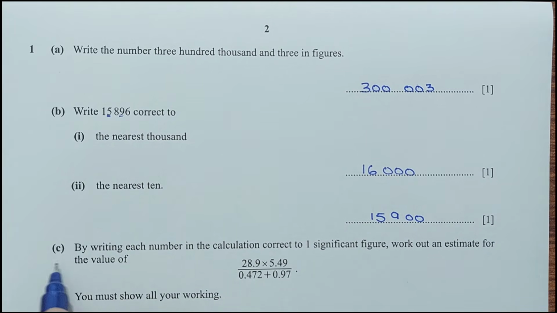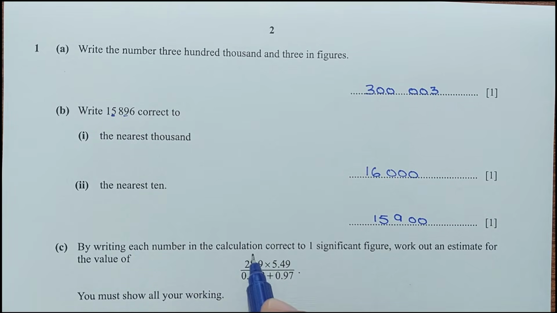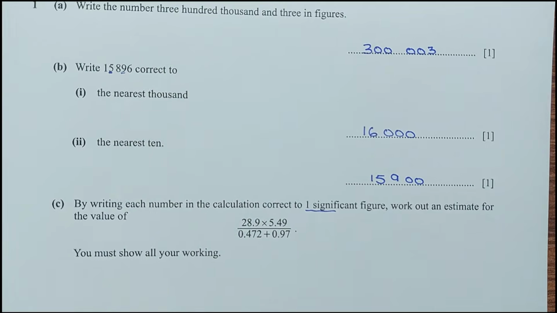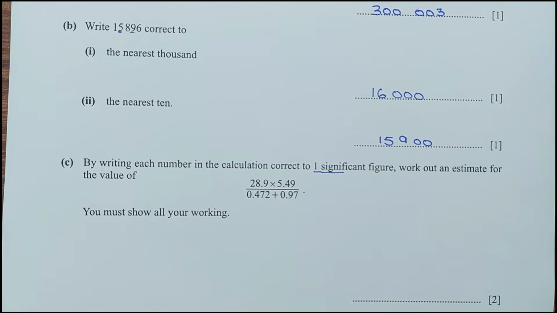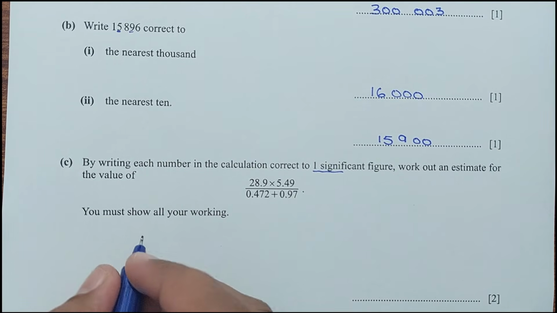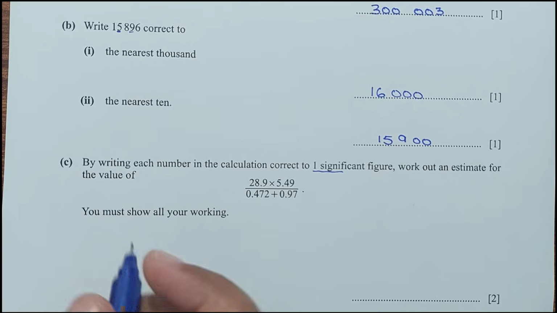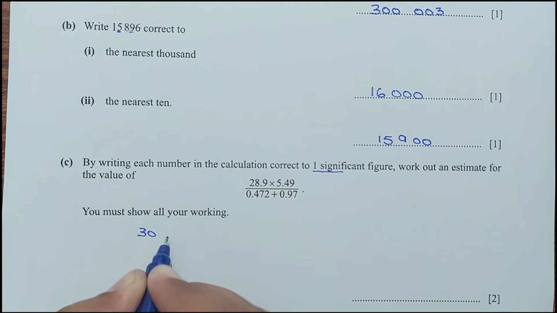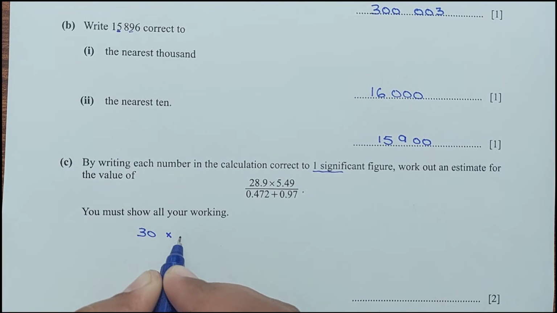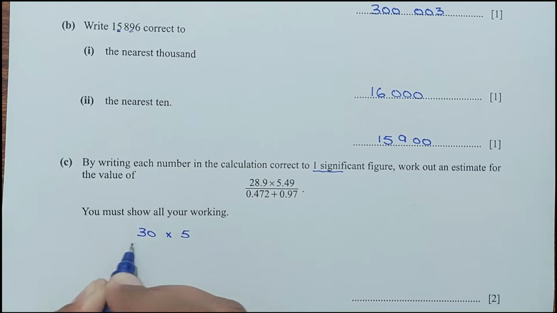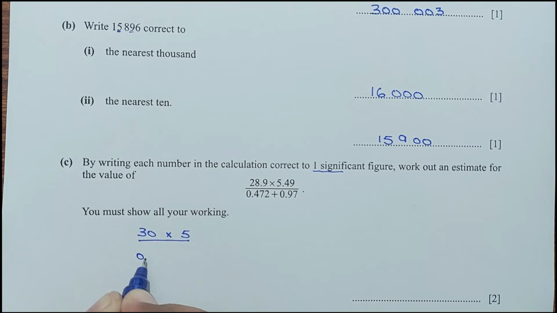Now for part C, by writing each number in the calculation correct to one significant figure, work out an estimate for the value of the expression. You must show all your working. Up to one significant figure, first 28 is rounded to 30, times 5.4 rounded to 5, over 0.47 is 0.5 plus 0.9 is 1.